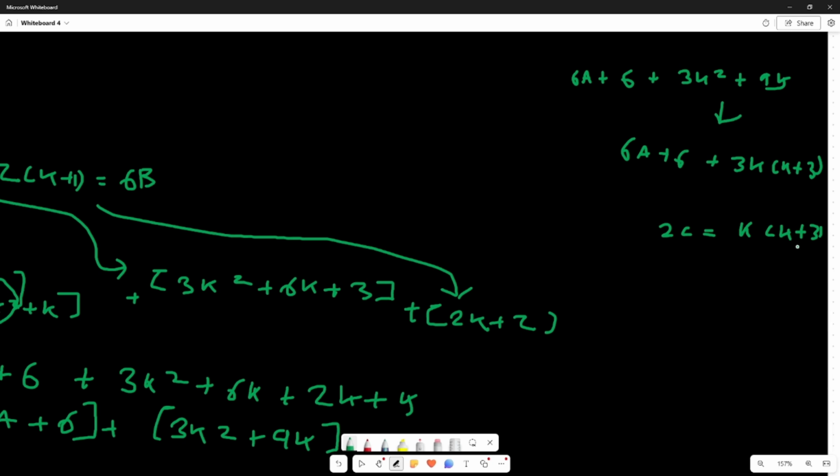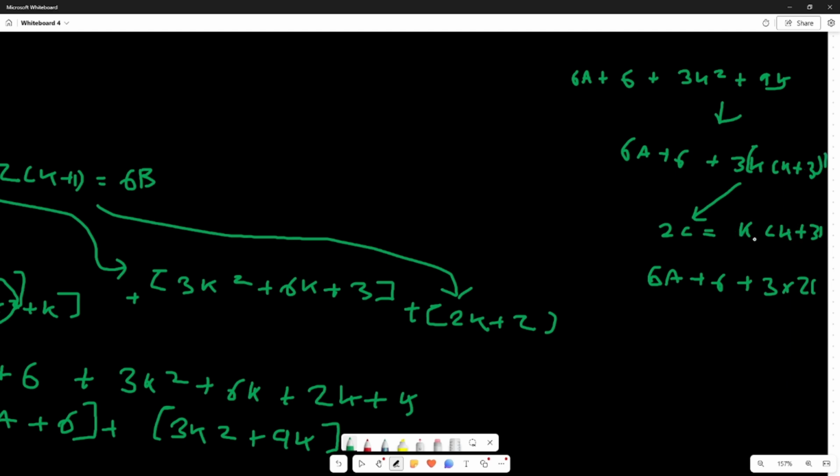Now we can say that 6a plus 6 plus 3 times 2c. The reason we do this is we want to get 6 exactly. So how do we get 6 exactly? Well, since this is already being multiplied by this value, we assign 2c towards it.